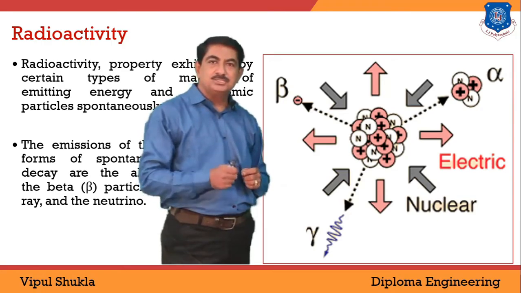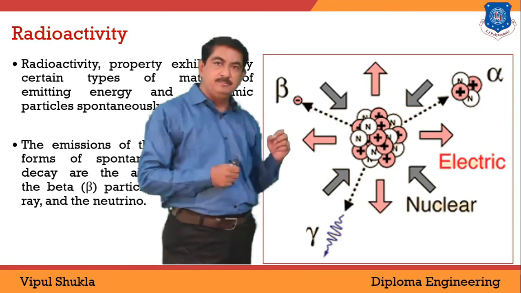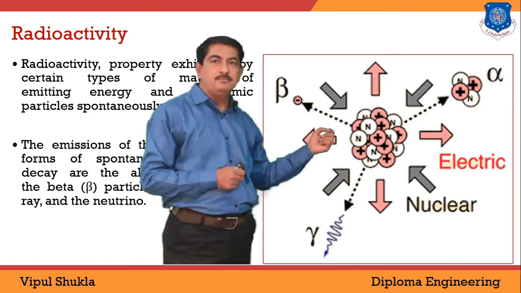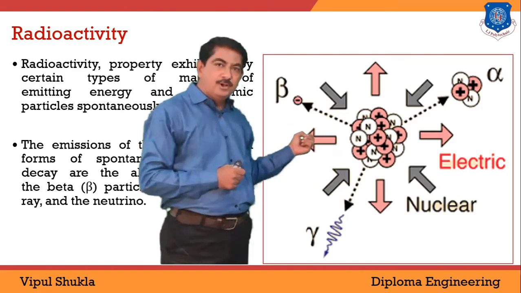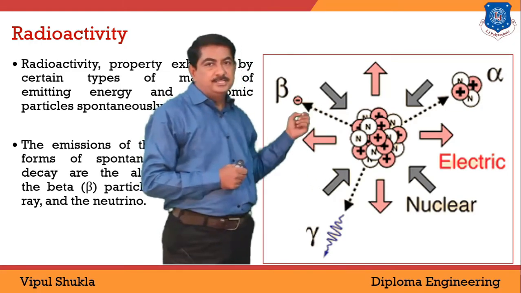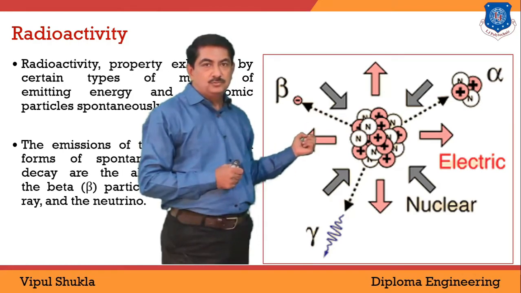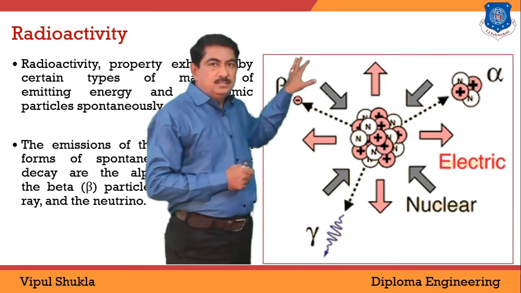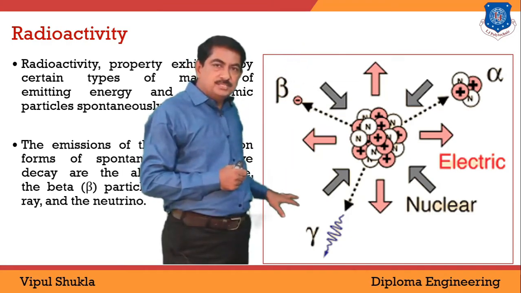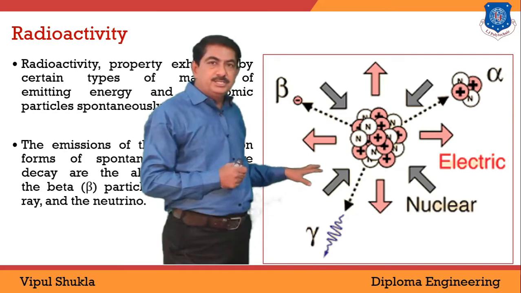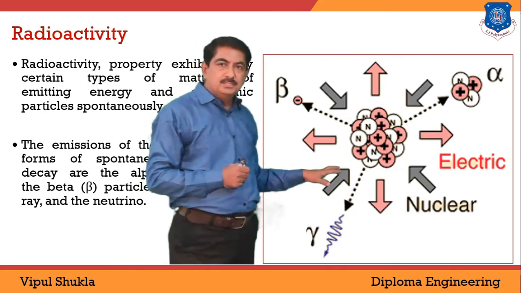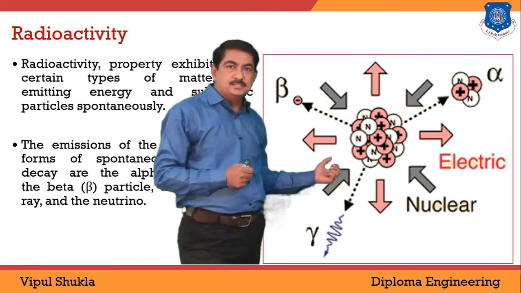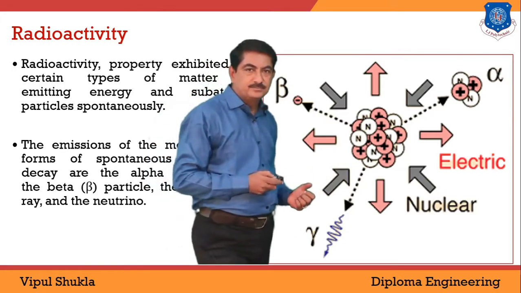When disintegration takes place, the element spontaneously emits alpha, beta as well as gamma rays. So when it emits the alpha particle, beta particle as well as gamma ray, disintegration takes place. That means the number of nuclei decreases from the nucleus.